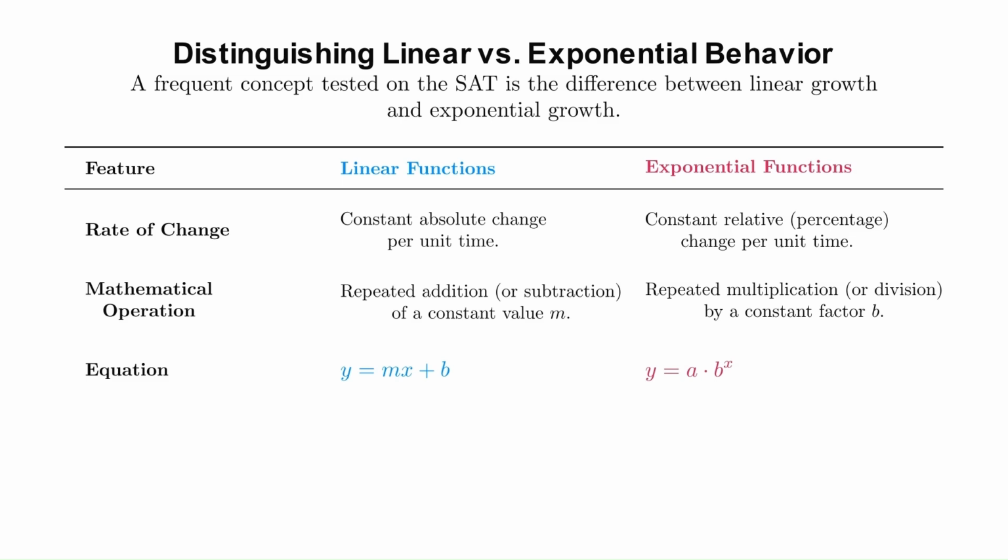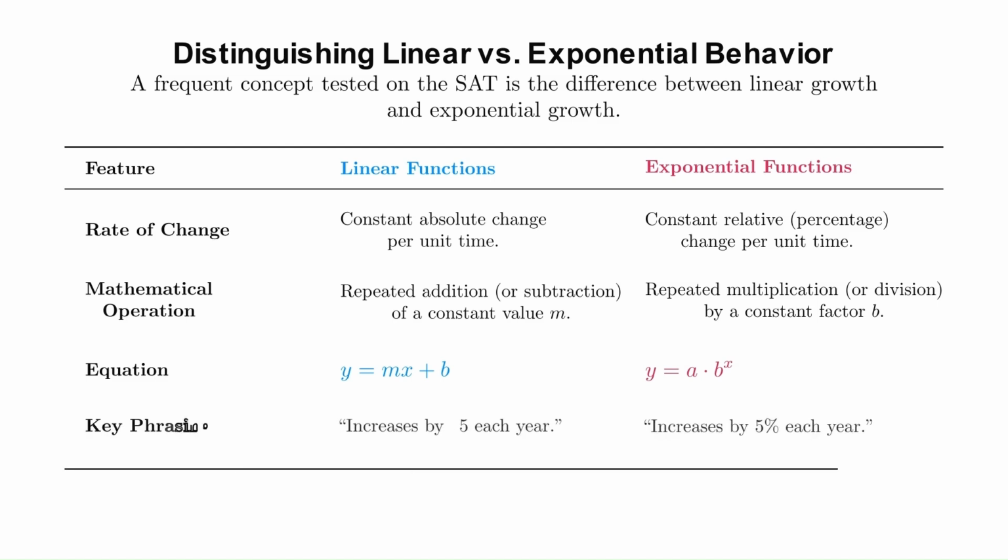In contrast, exponential growth involves repeated multiplication or division by a constant factor b, represented by the equation y equals ab to the power of x. For instance, a quantity that increases by 5 units each year is linear, whereas a quantity that increases by 5% each year is exponential.